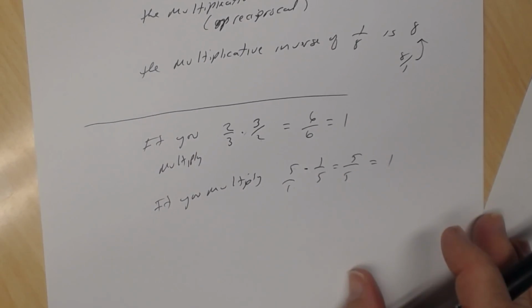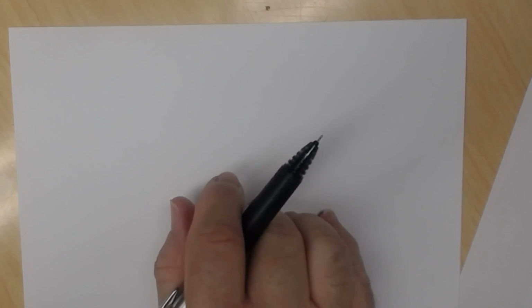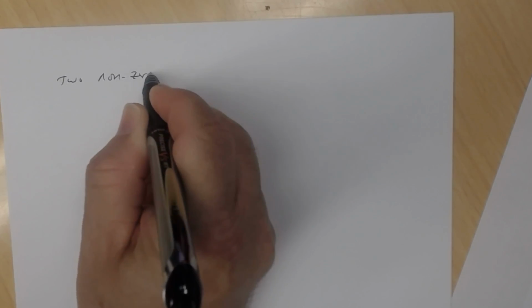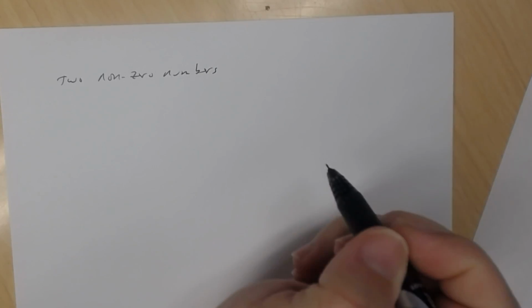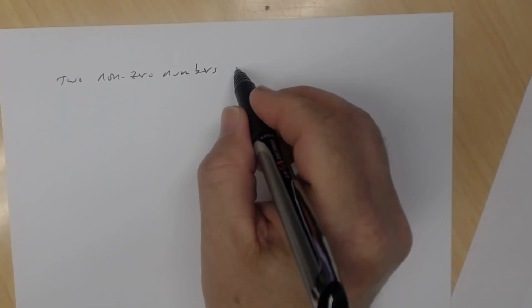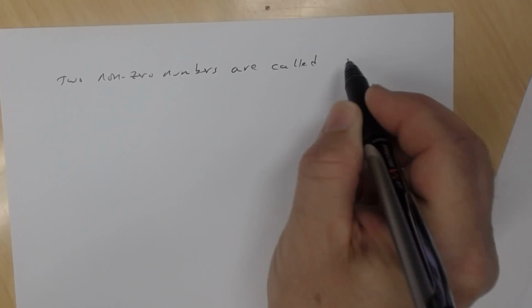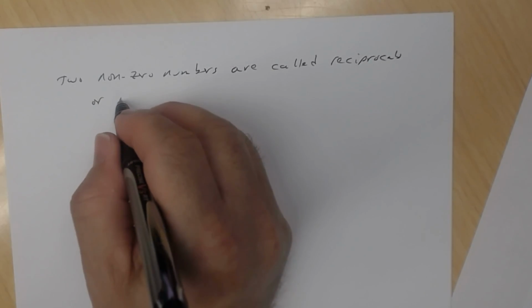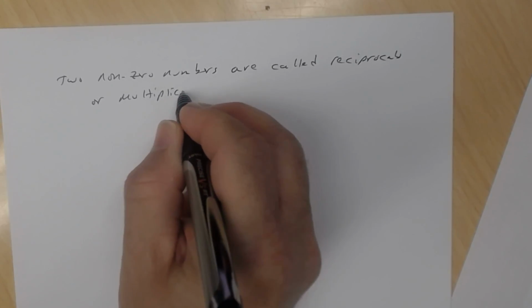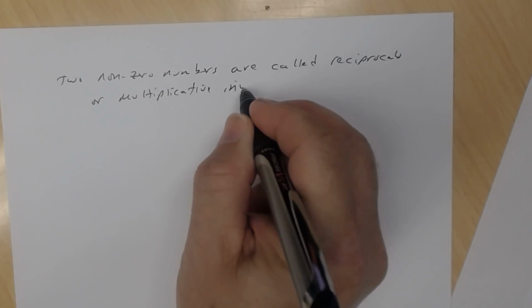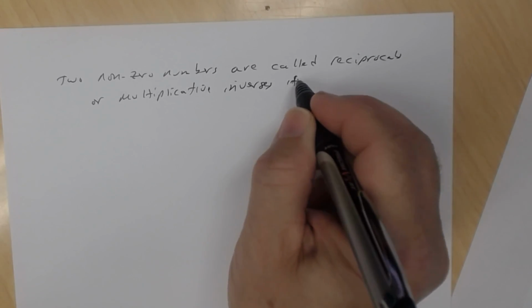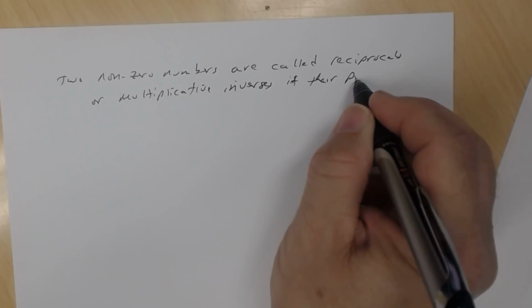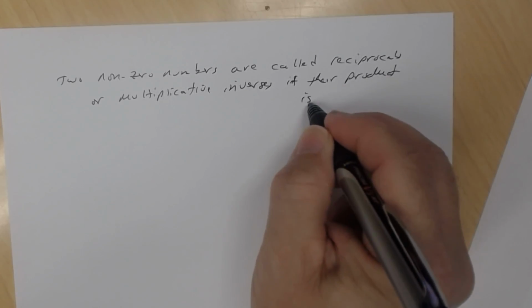So the thing I want you to get from this is this. 2 non-zero numbers are called reciprocals, or multiplicative inverses, if their product is 1.